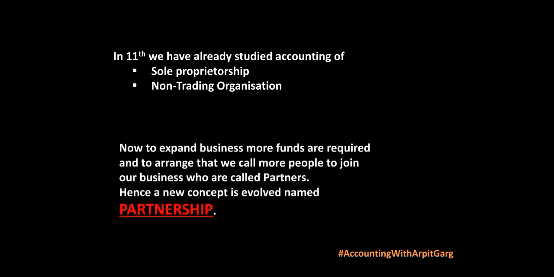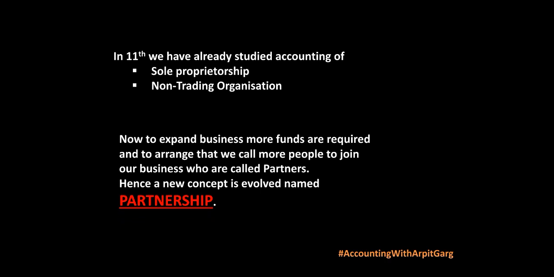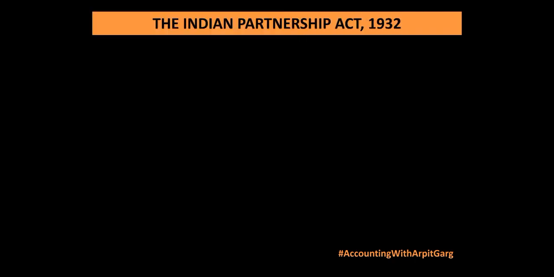So, the proprietor calls for more people to join his business who are called his partners. And hence, a new concept evolved named partnership. Do remember, it is ruled by the Indian Partnership Act 1932. Now let's look at what this act says about our concept.